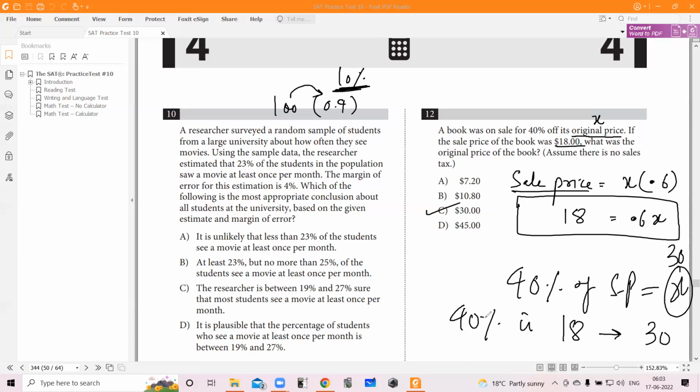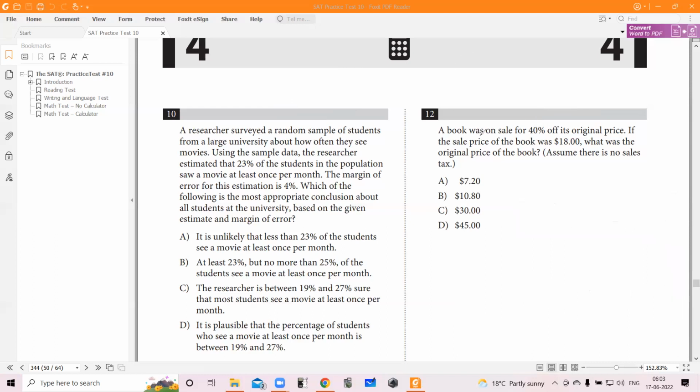So you have to go the other way around. According to the question, the book was on sale for 40% off its original price. So the original price is X. So the book is on sale and the price is 0.6 times X because a 40% drop is there. Is it making sense? Yep. So that's how we'll do it in the shortest way possible. Next one.